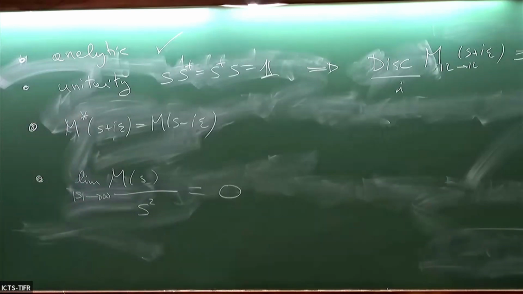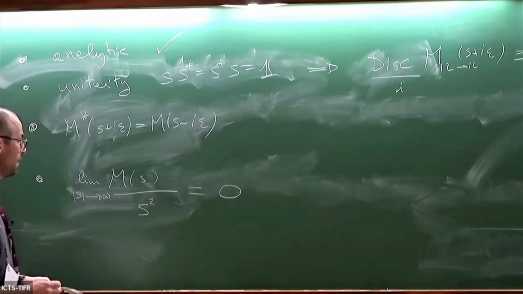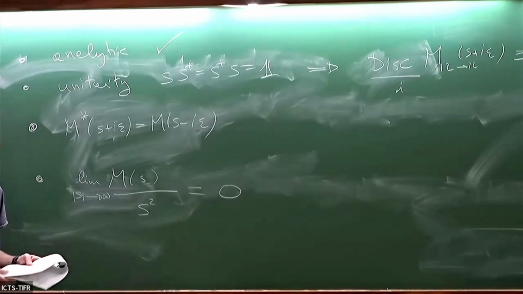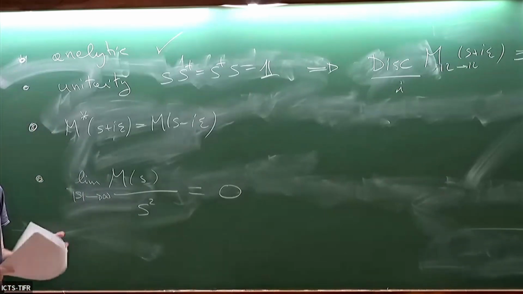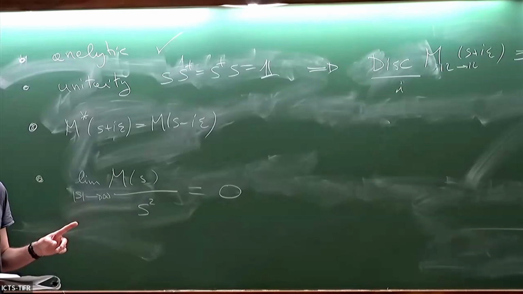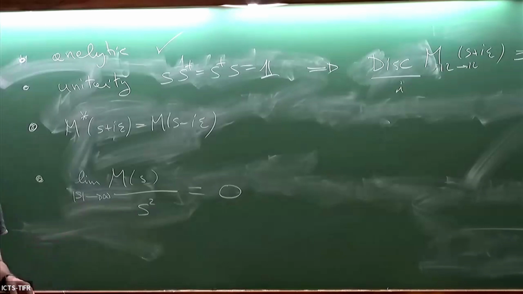I think you saw this in the first week. By the way, you haven't seen the analytic proof I presented in the first week, or did you? Not in this form, okay, so good, at least I'm not repeating too much.